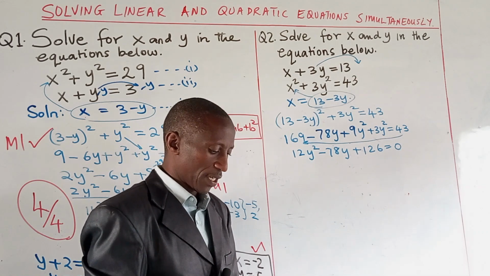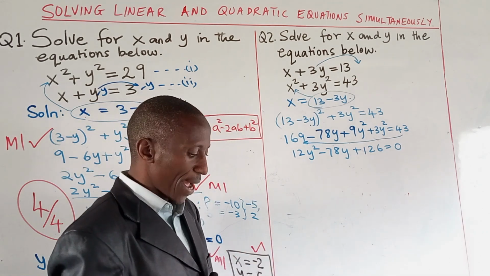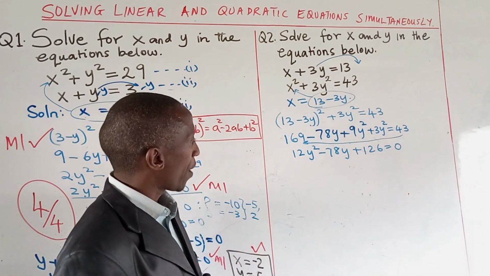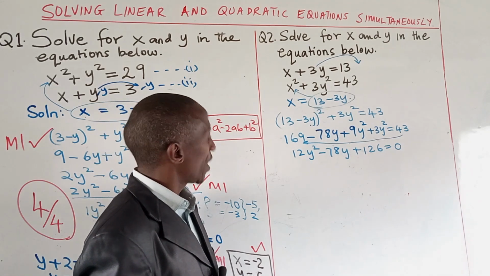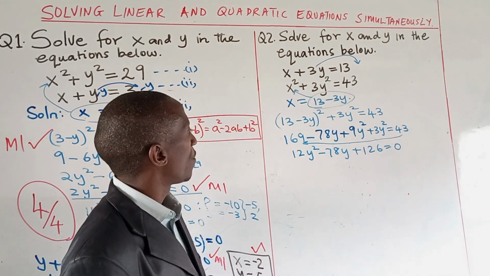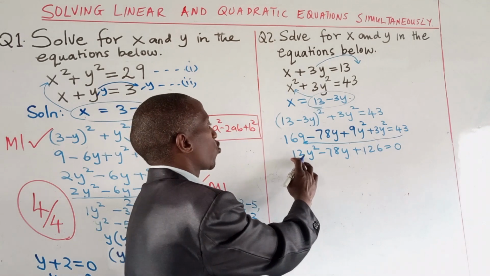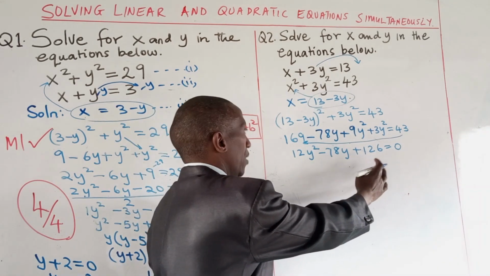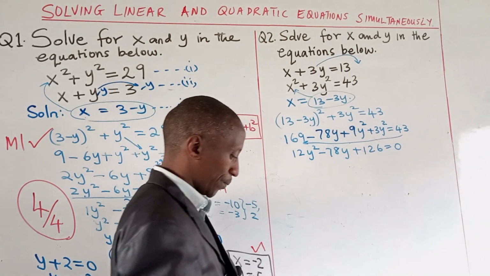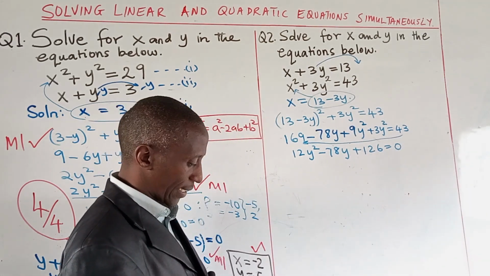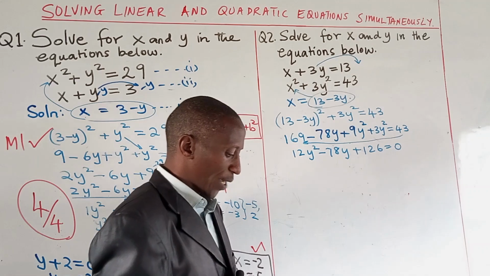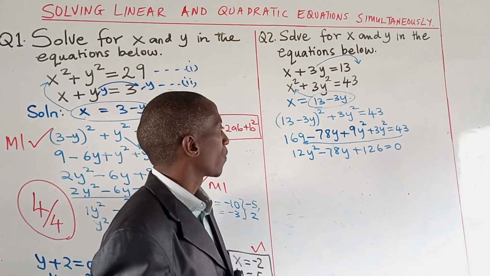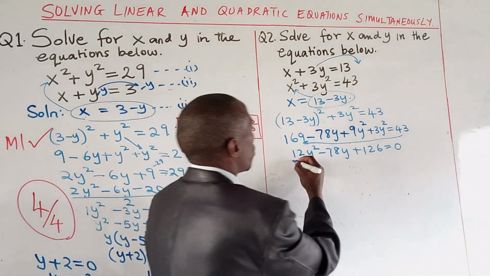We can reduce on it by dividing throughout by 6 or by a very suitable value which divides 12, divides 78, and divides 126. If we look at that, we can take on 2.